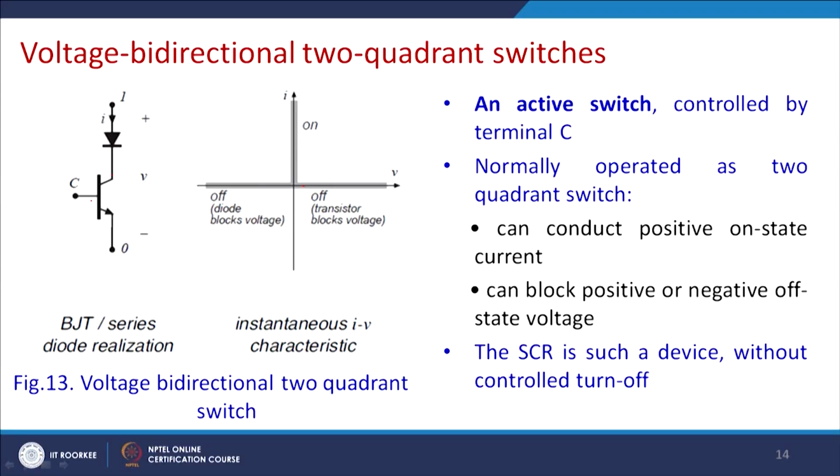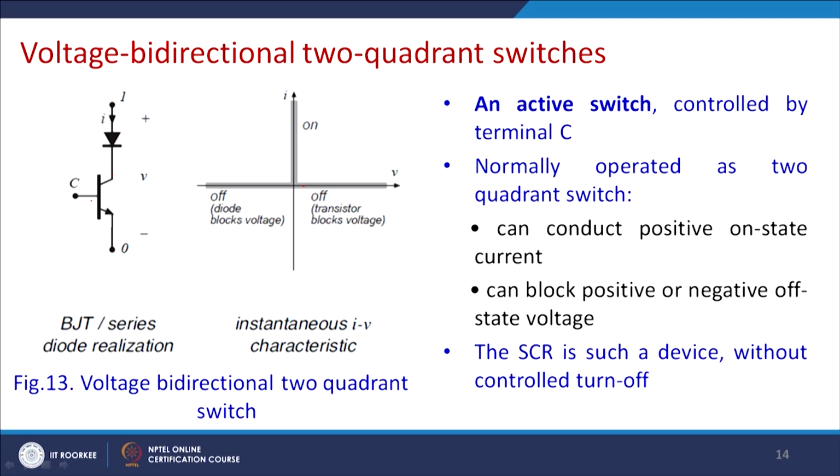So, what is the takeaway from these switches? In active region, the terminal C will control the flow of the current, normally operates in the two quadrant and can conduct positive on state current, can block positive or negative off state voltage.